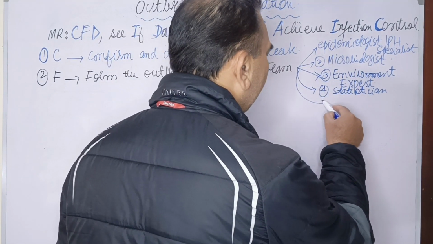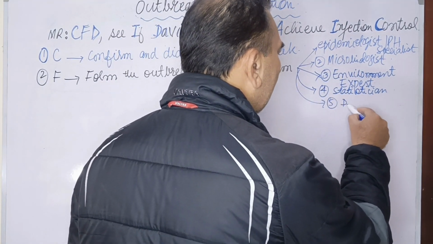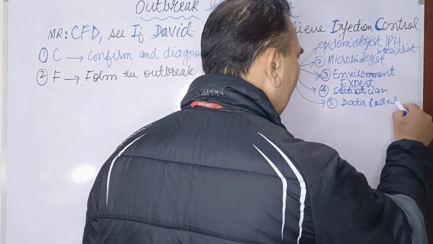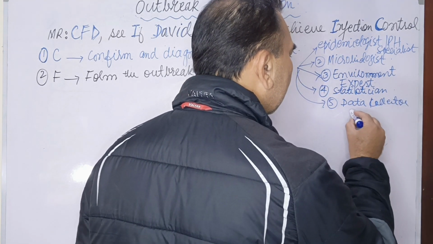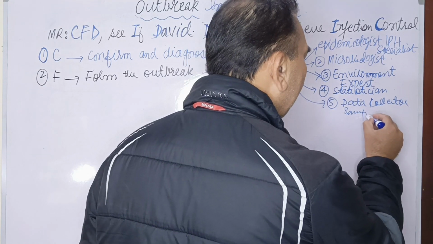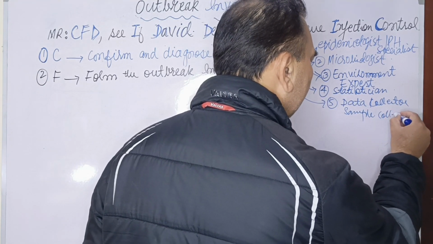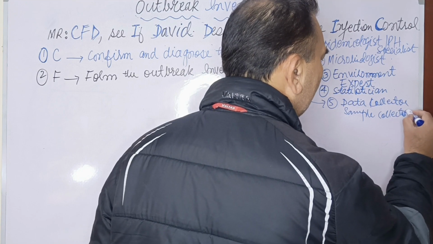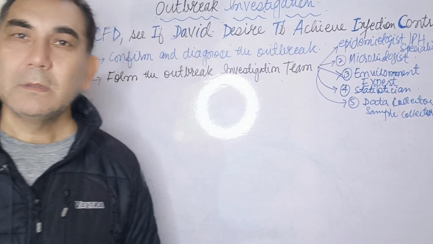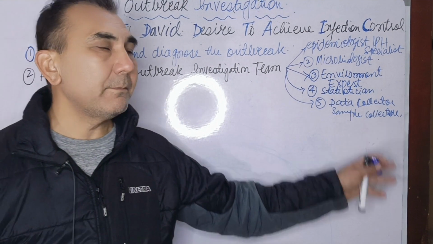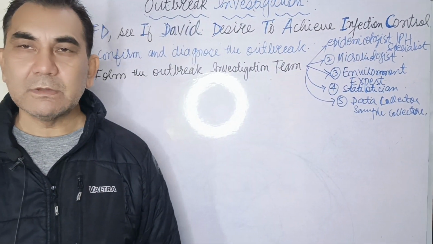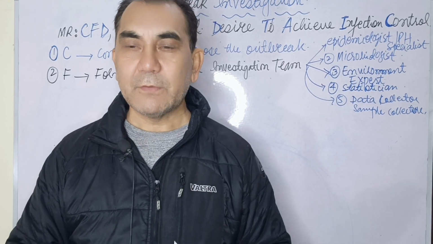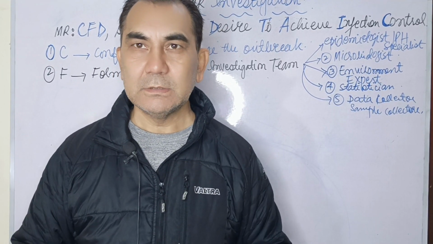And the fifth one, you should keep four to five data collectors, or sample collectors. They will go to the field and collect the data or samples from different areas.